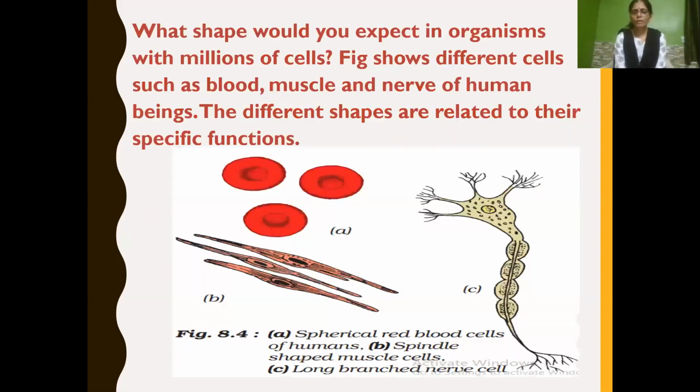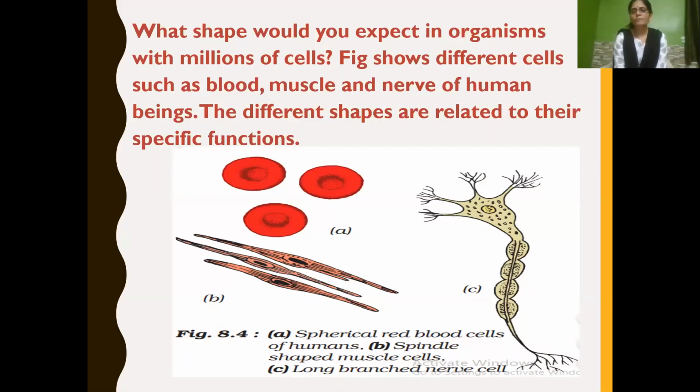And in the same way we can expect various shapes of cells in an organism, because we know that an organism's body is made up of millions of cells, isn't it? In the following figure, we can see different cells such as blood cell, muscle cell, and nerve cell of a human being.